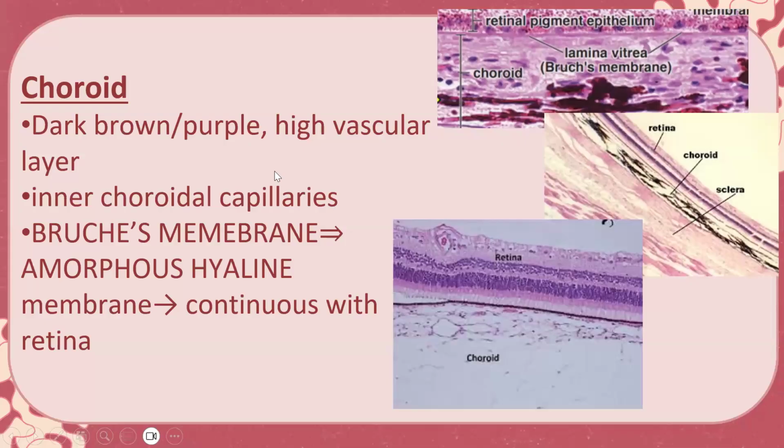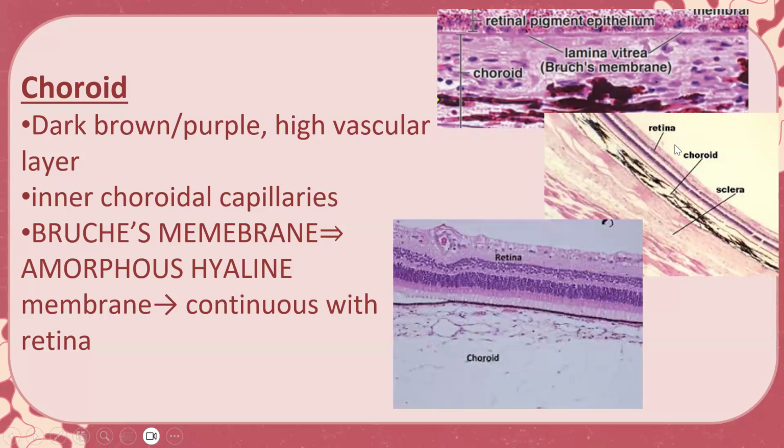Now, the third layer of the uvea, or the middle vascular layer, is the choroid, which is dark brown purple, and it is highly vascular. This is the sclera, the outer white part. Between the sclera and the inner retina is the choroid layer.